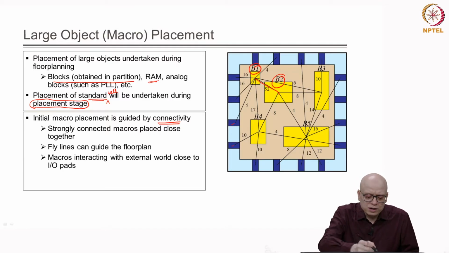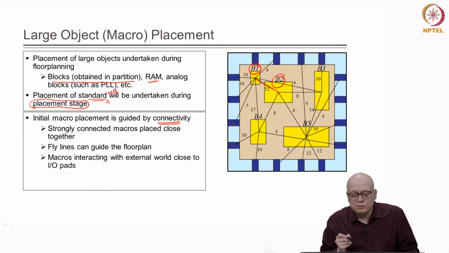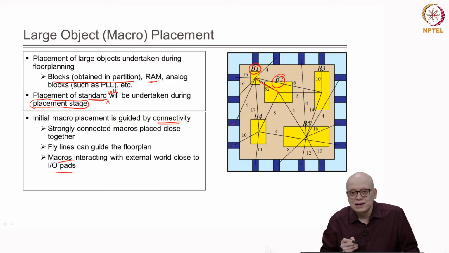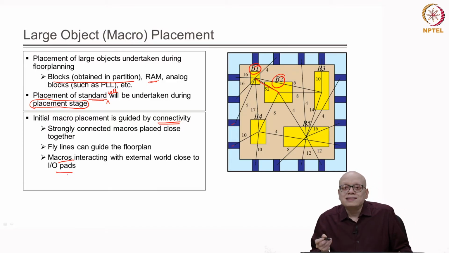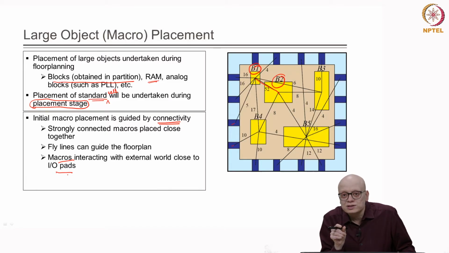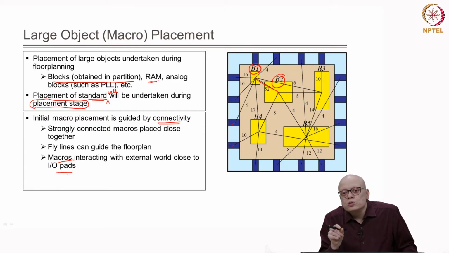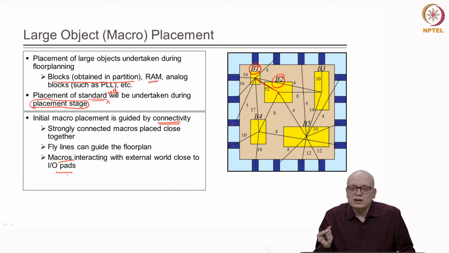Similarly, we can look into how macros are connected to IO pads and IO cells, and based on that we can think about which IO cell a given block or macro should be placed closer to, depending on how many nets are there between the block and the IO cells.